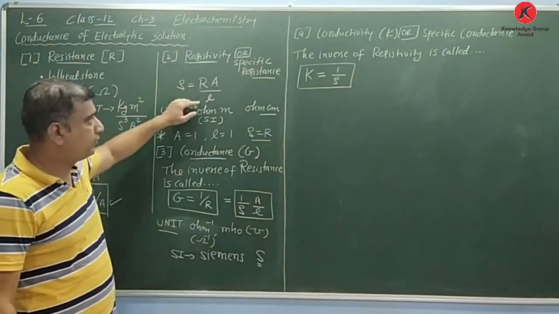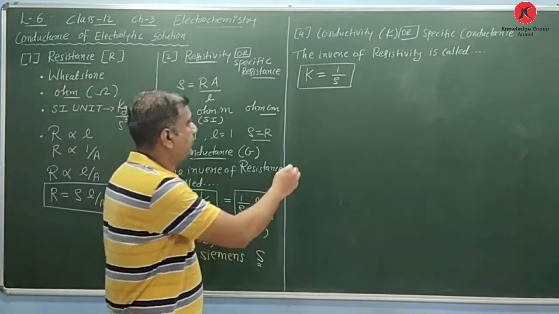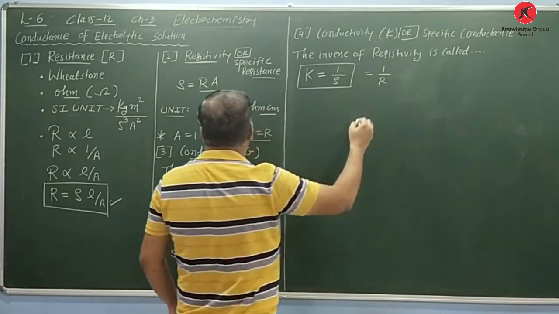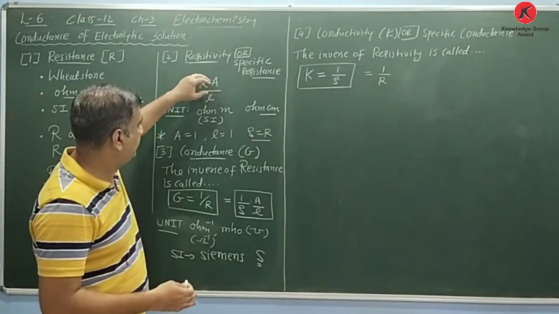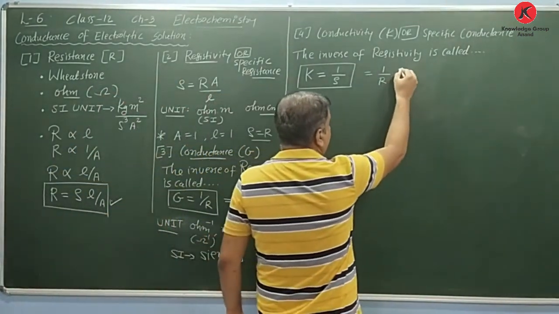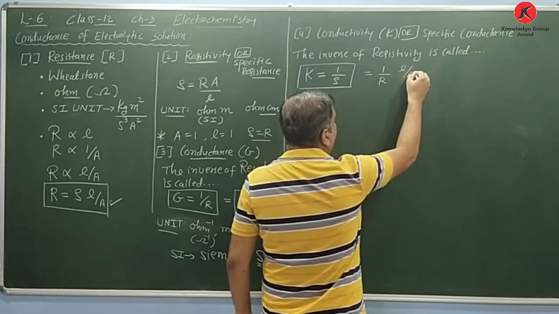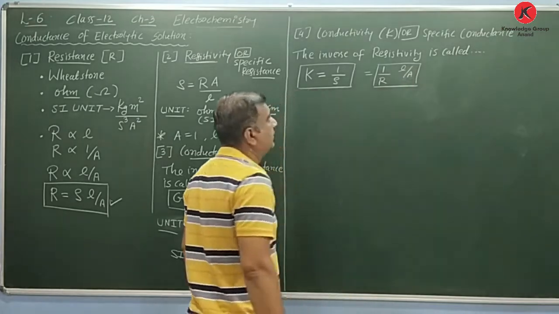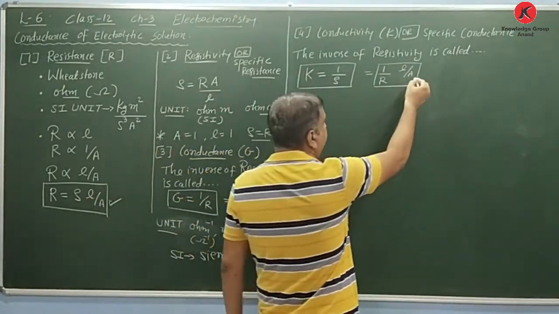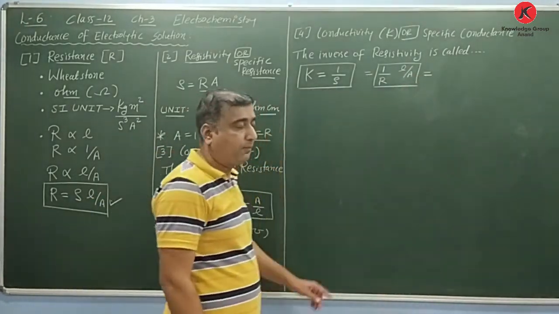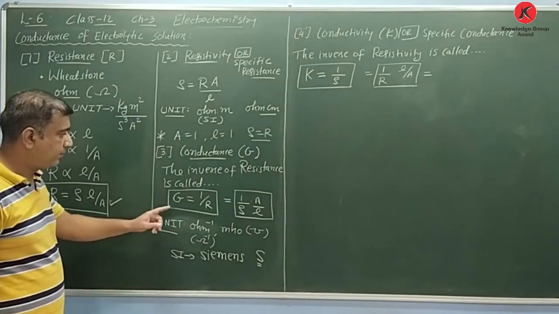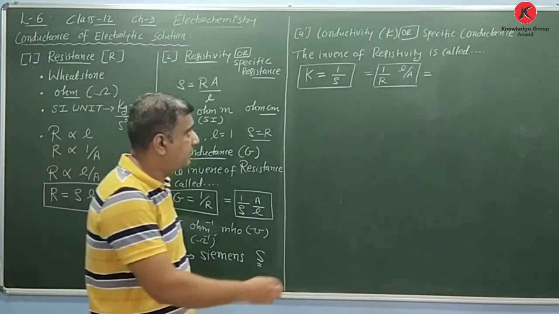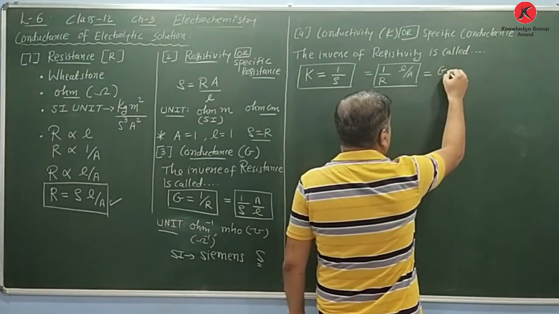Now 1 upon rho will be equal to 1 upon R, again inverse, that means L by A. So this will be the same. Again this is equal to 1 upon R, and 1 upon R is conductance, that means conductance into L by A.